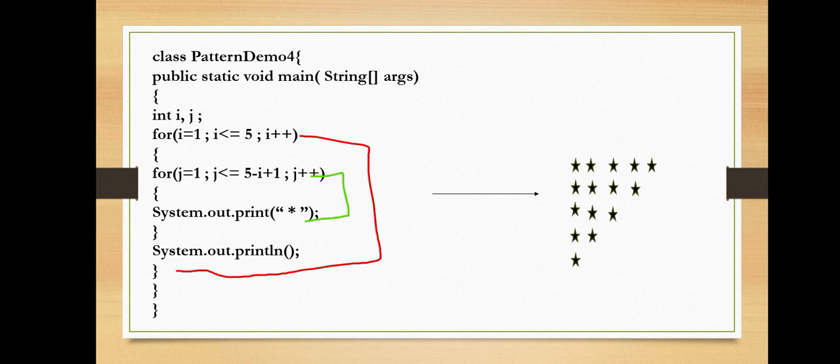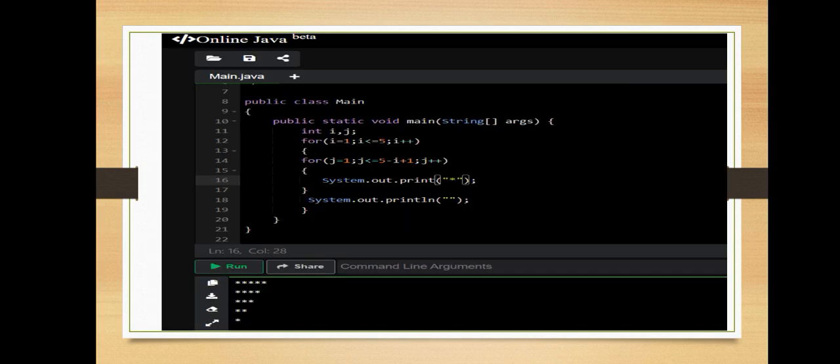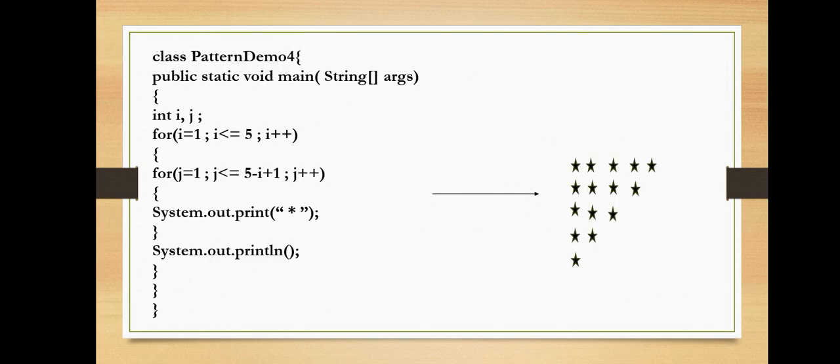And for j, the stars start from 1, and the condition is j less than or equal to 5 minus i plus 1. If the number of stars is 5, then you are going to print that many stars in the first row. j plus plus means again the j value is going to increment, and then you are going to print the star.